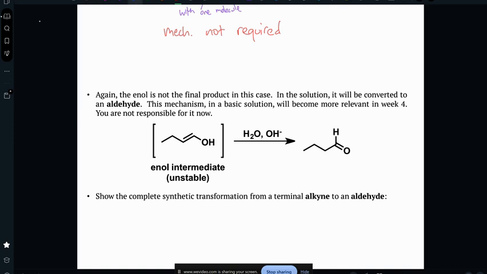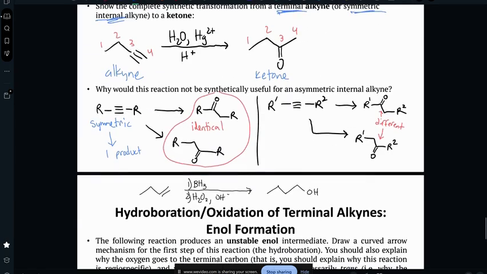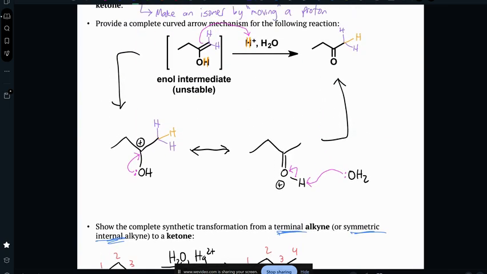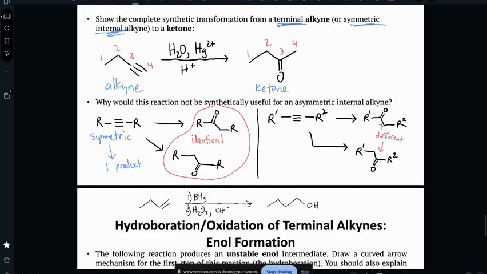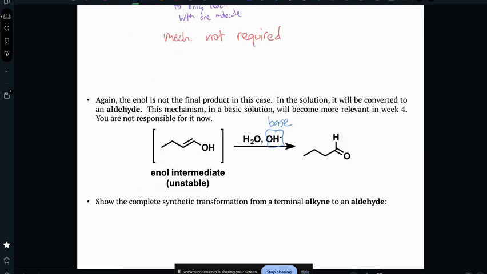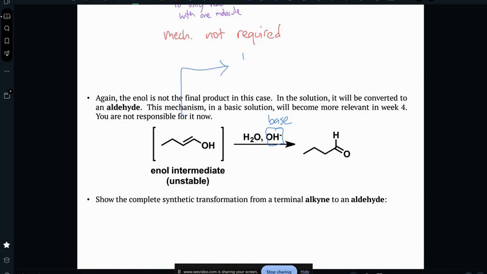The difference is, because we're in base, the order of steps is going to be opposite. So in an acid, when we did a tautomerization, we added a hydrogen first, and then we removed H plus from a different spot. When you're in base, you have the reagent to remove H plus. So in base, you're going to remove H plus and then add H plus.